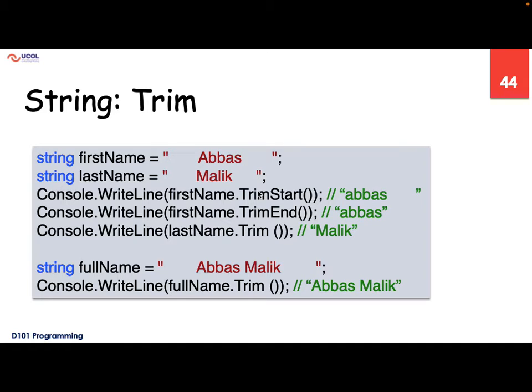TrimEnd will remove the white spaces from the end of the string. So TrimStart removes the white spaces from the start, and TrimEnd removes the white spaces from the end of the string. And whenever a non-white space character comes, that is S, it will stop.